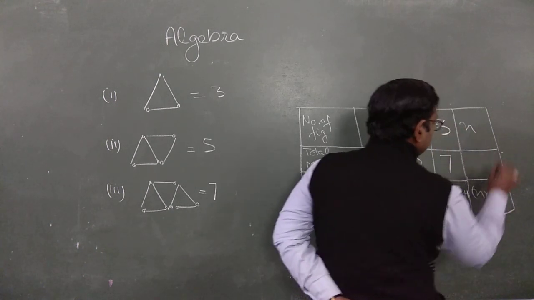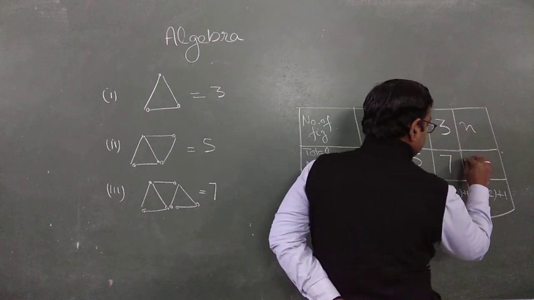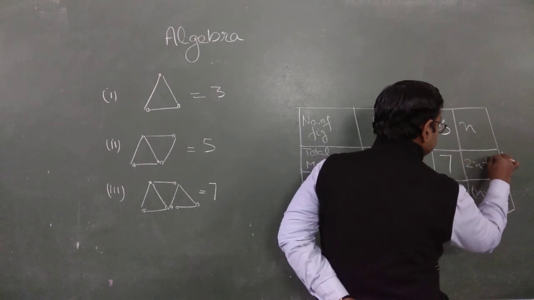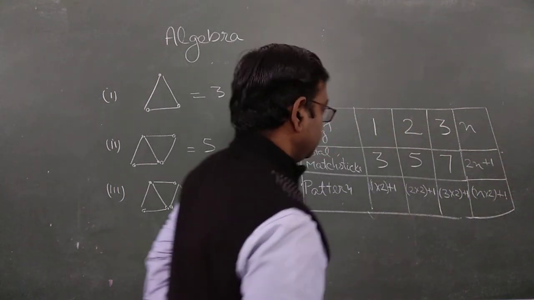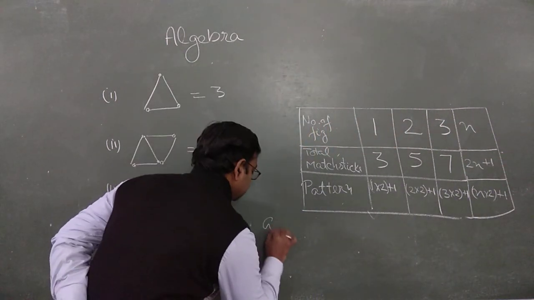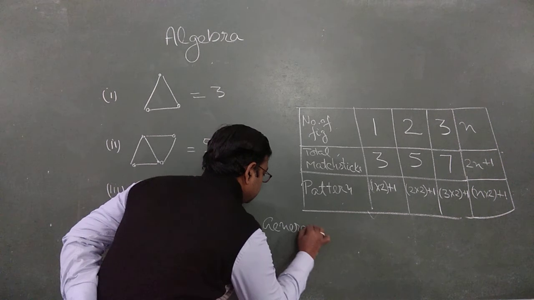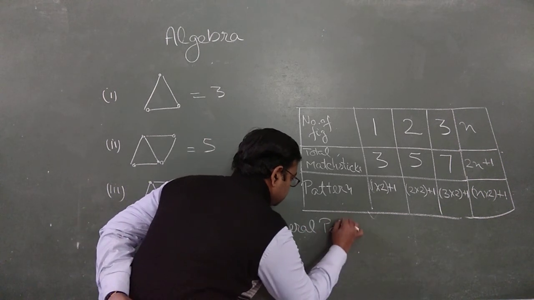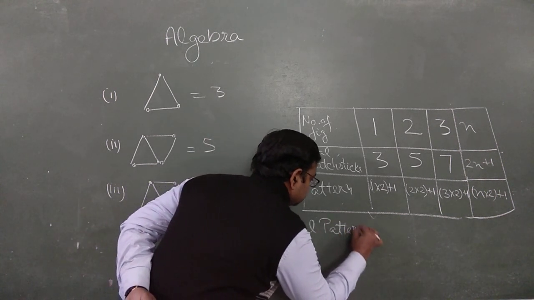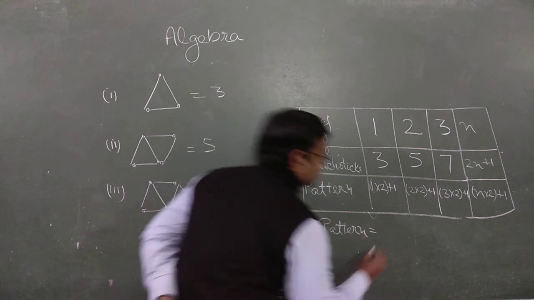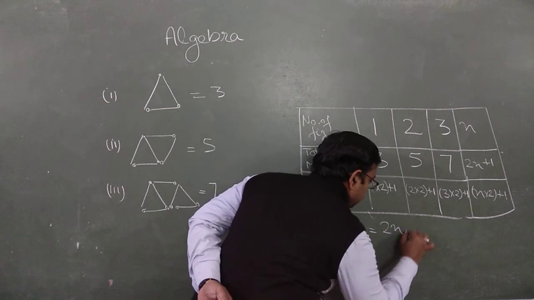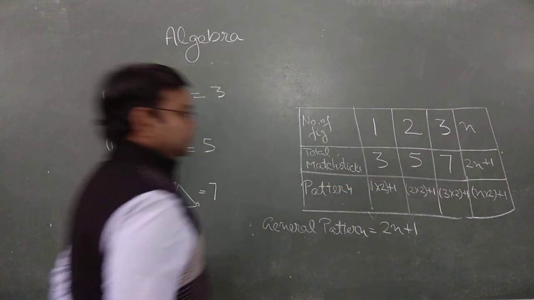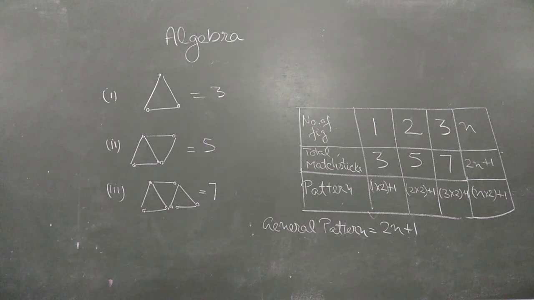So the total number of matchsticks must be 2n plus 1. Clear? General pattern equals 2n plus 1. Hope this one is clear to you.